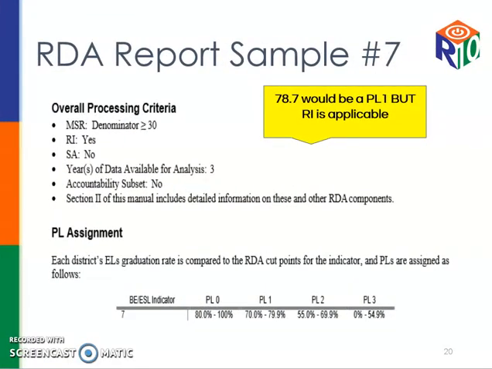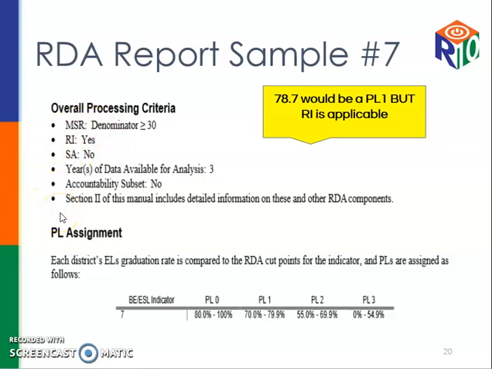And now we will review indicator number 7 in regards to the bilingual ESL program sample we are using. Basically this criteria is a little different because, as you can see, for RI, required improvement has been applied.